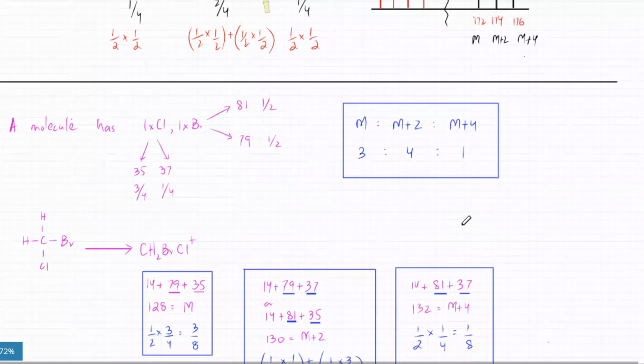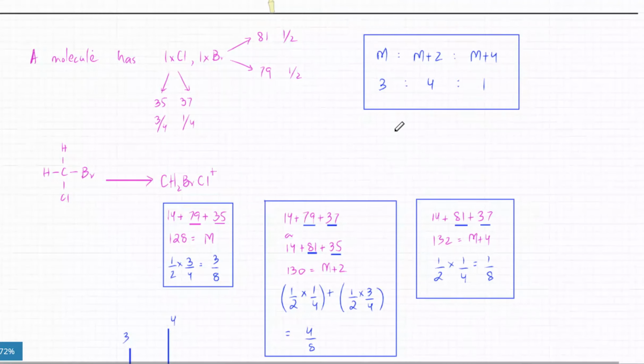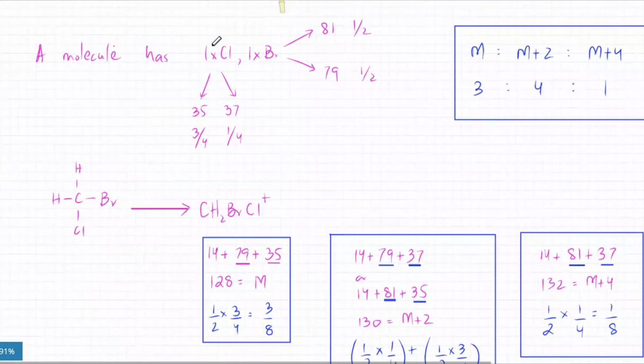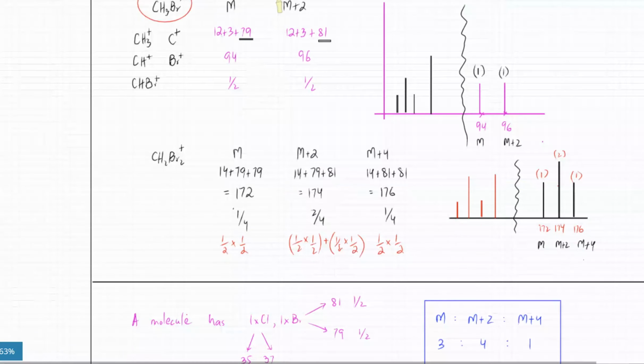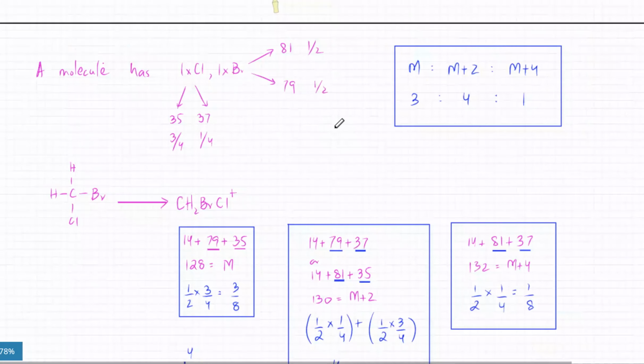Then, not sure if we did this one yesterday. What if a molecule has 1 chlorine and 1 bromine? We did this, right? Yes, we have done this. Your voice is cutting. We didn't do this, right?